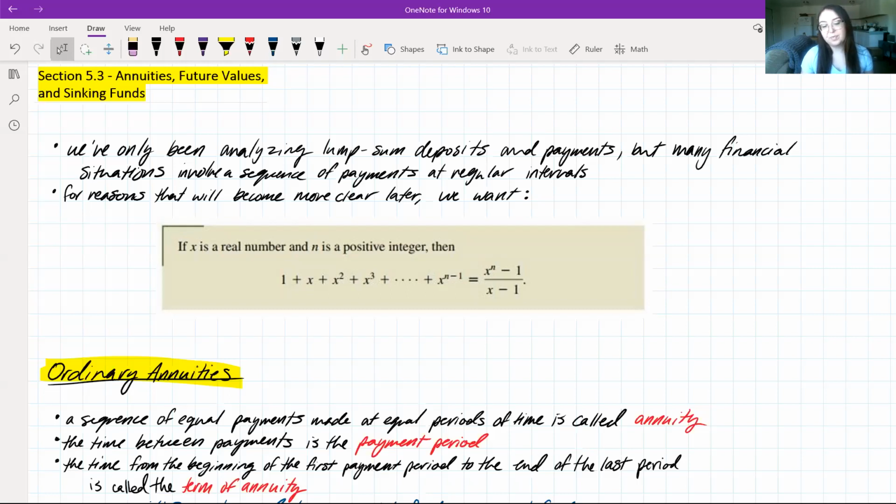So this is just a basis equation for saying that we want sequences of payments as opposed to just lump sum payments.